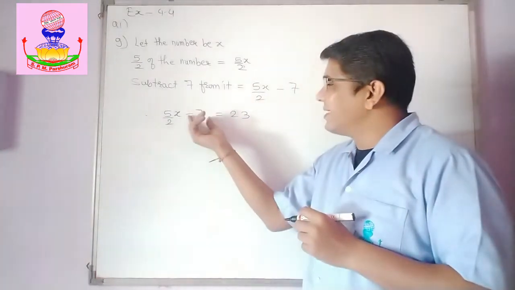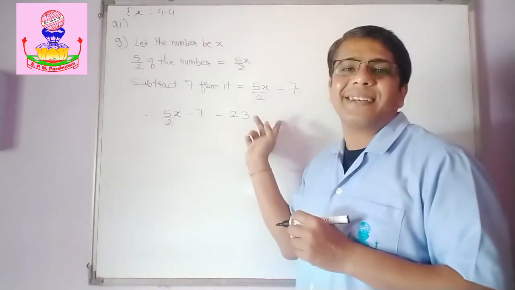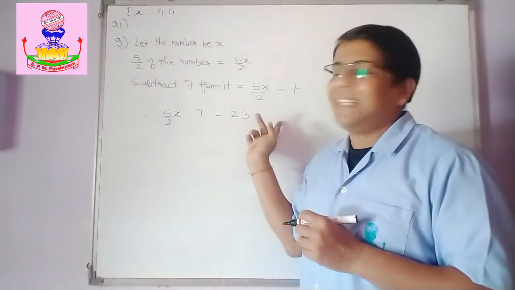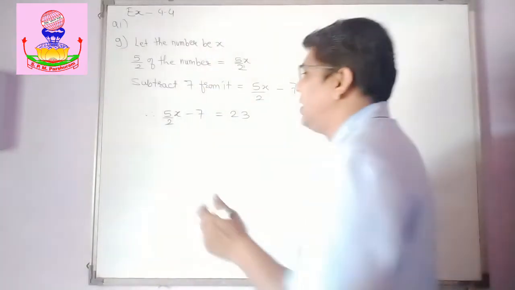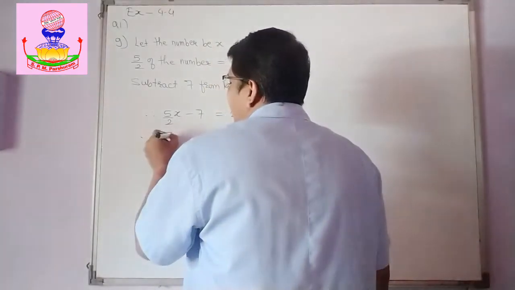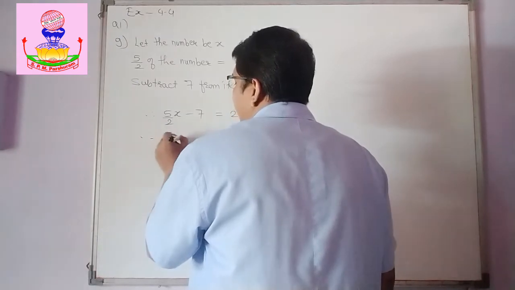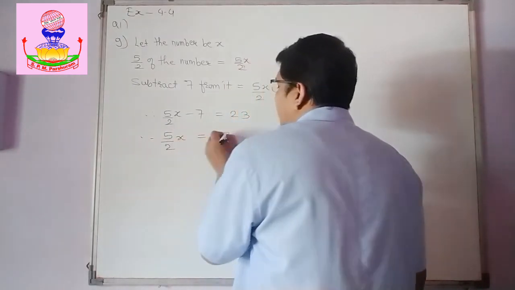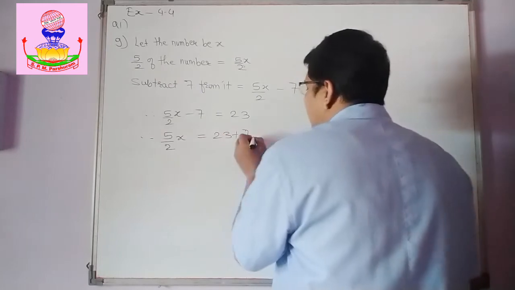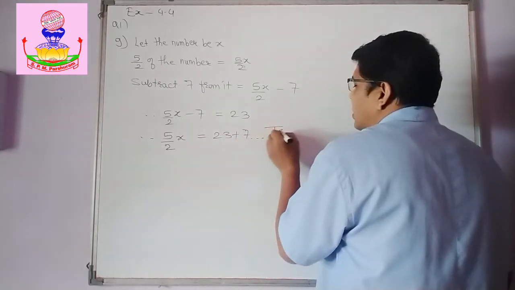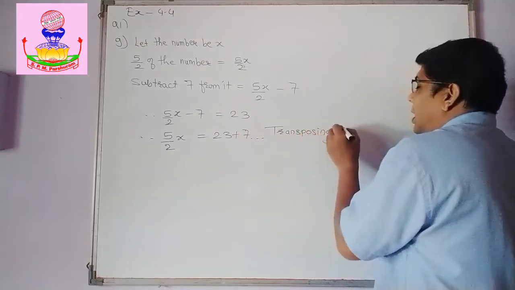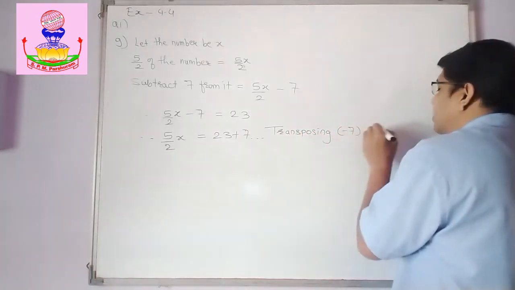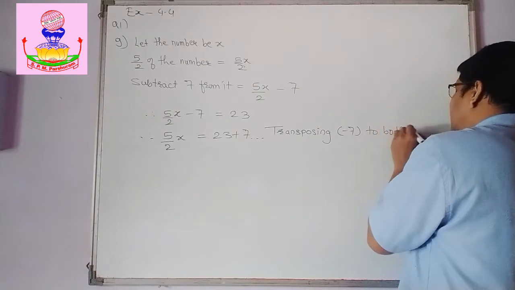तो पहले क्या करना है हमें, ये 7 जो है इसको इधर उठा के लाओ, right? So it is minus 7, here it becomes plus 7. That is what? Transposing. So 5 upon 2x is equal to 23 plus 7. So what do you do? Transposing minus 7 to both sides.